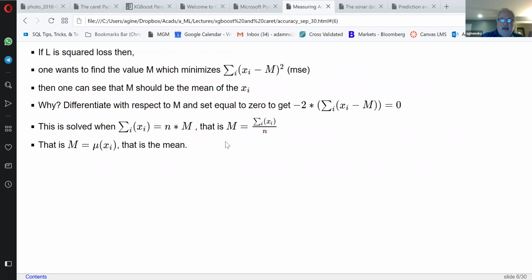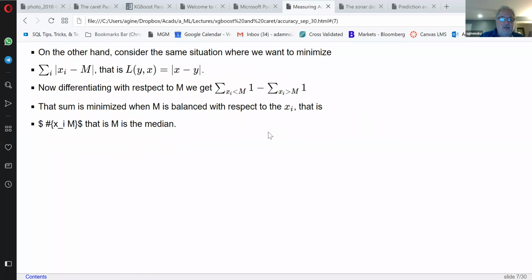When you solve that, this means the sum of the xi is just n times m. That is, m is the sum of the xi over n. So we should take for m the mean. So this is why the mean is nice. It's a good statistic, and it's the best single statistic you can use if you want to summarize your data set with one number. Of course, one moral of this whole 10-week experience is that that's a terrible idea, but it should be a starting point.